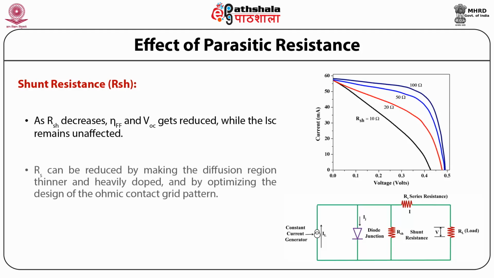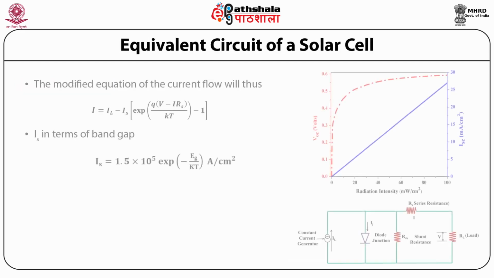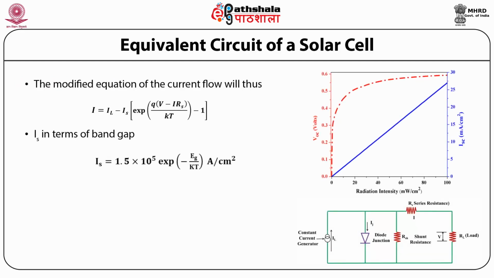Here, RS can be reduced by making the diffusion region thinner and heavily doped, and by optimizing the design of the ohmic contact grid pattern. Now let us discuss the equivalent circuit of a solar cell.